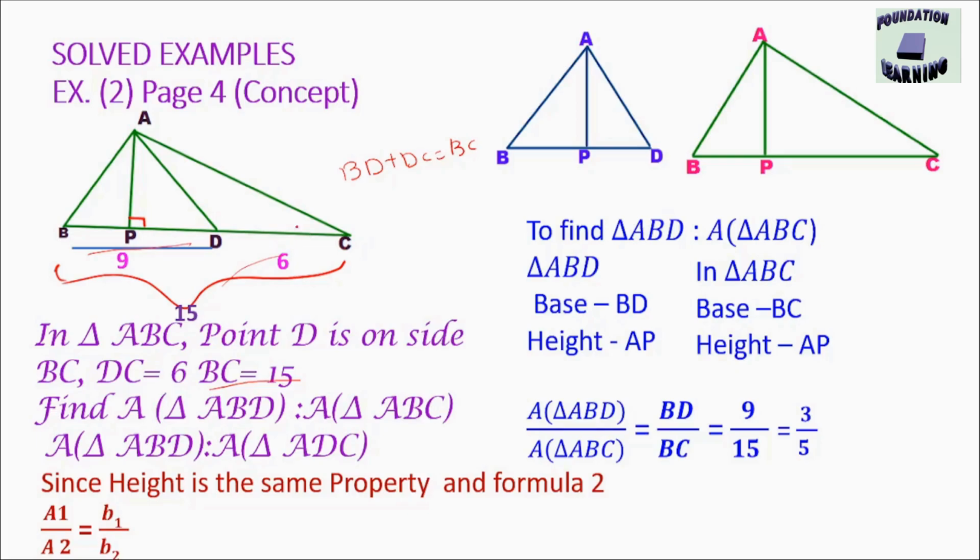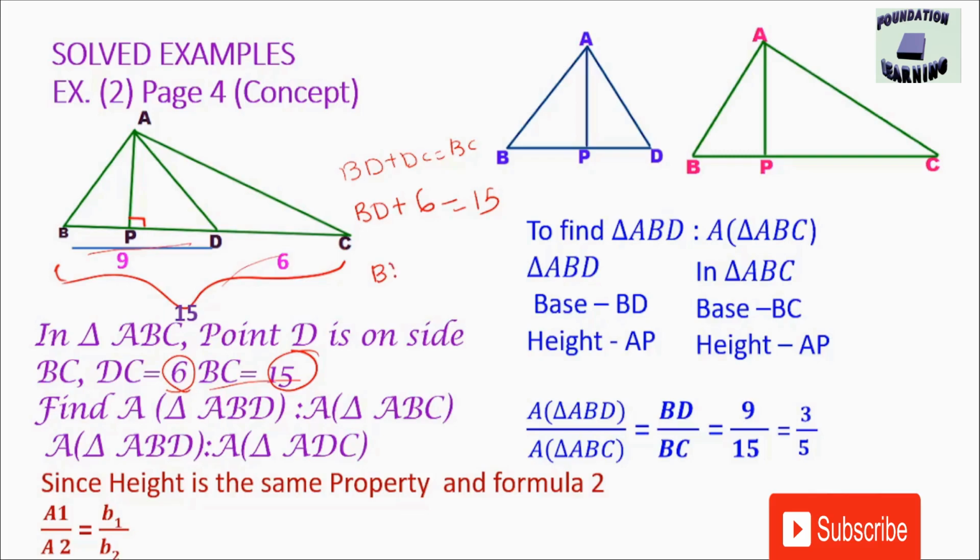Then BD is how much? BD we don't know, so we wrote BD. DC is how much? DC is 6, it's given here, and equal to BC. BC is 15. So BD is equal to 15 minus 6, which is 9. So now we got BD as 9.